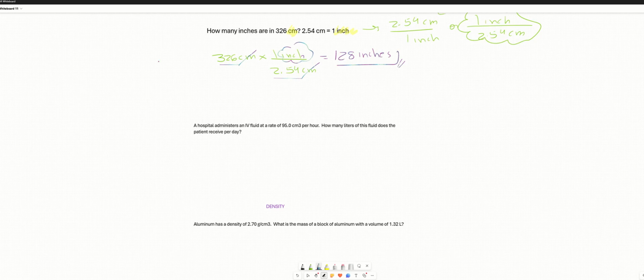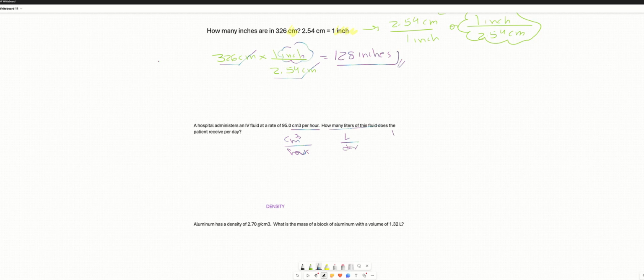They have cubic centimeters per hour, and I need liters per day.